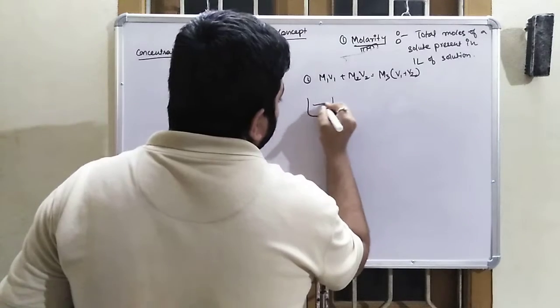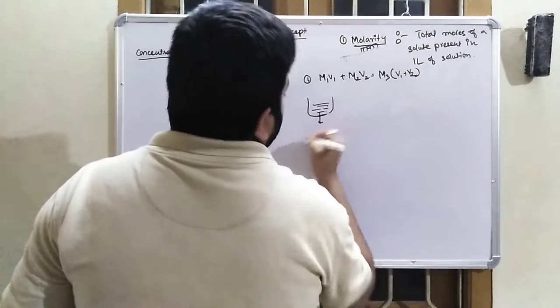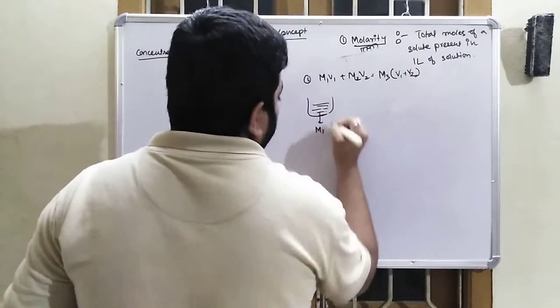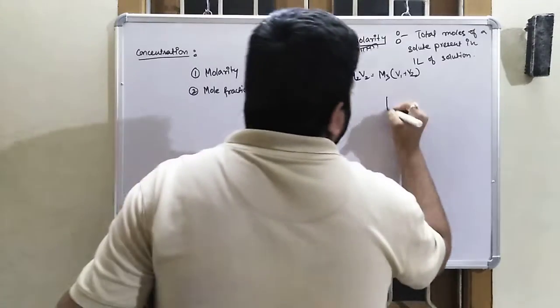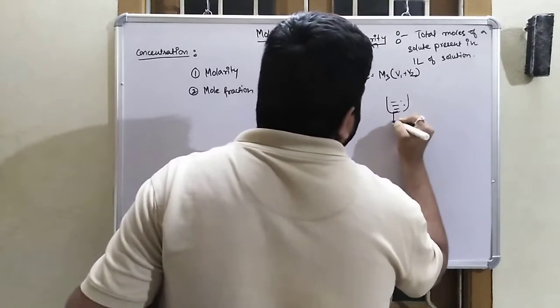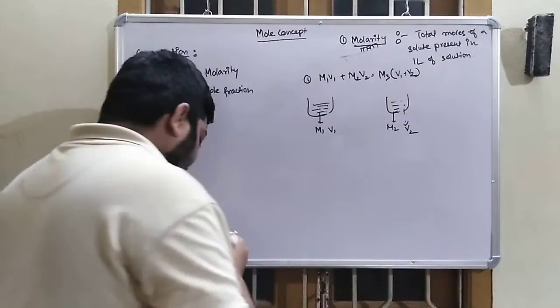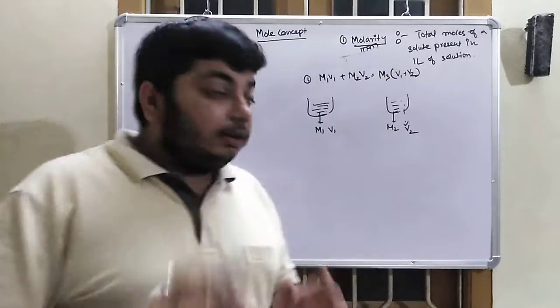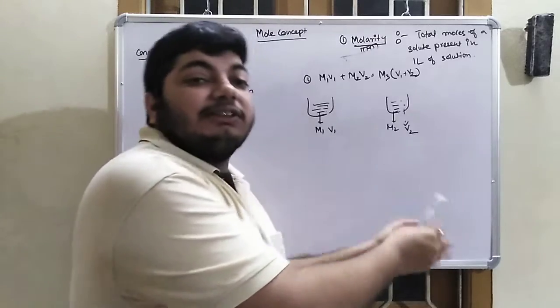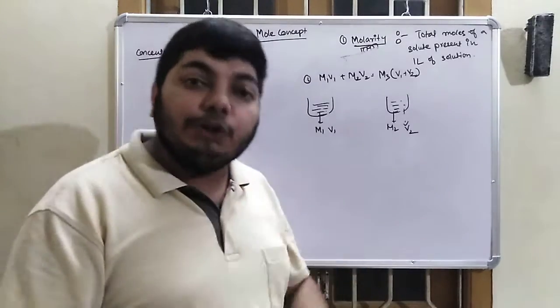Suppose we have made a solution whose concentration is M1 and volume is V1. Another solution is there whose concentration is M2 and volume is V2. For making these two solutions, the same solvent and solutes are used.